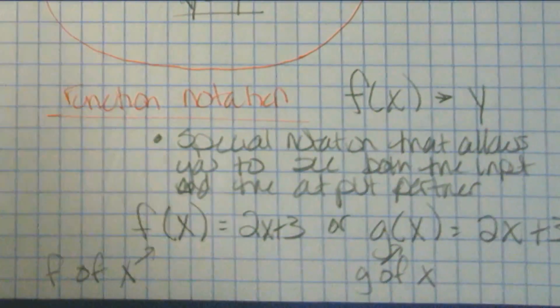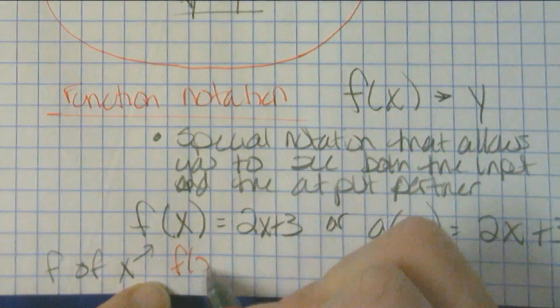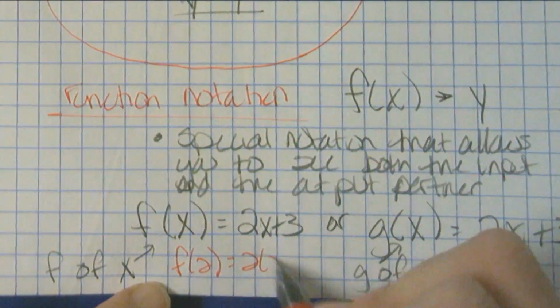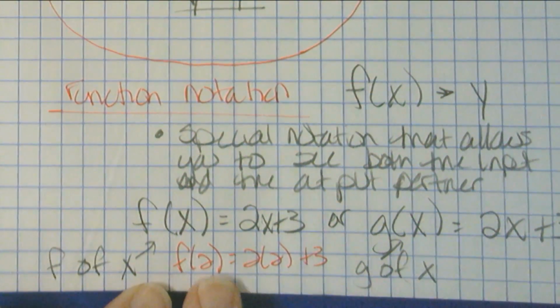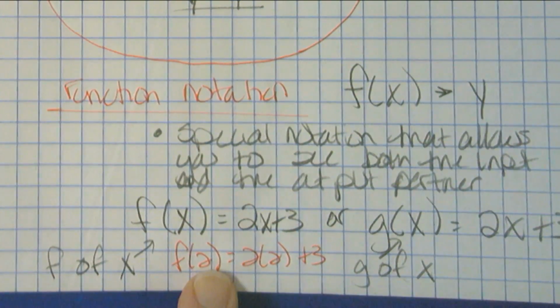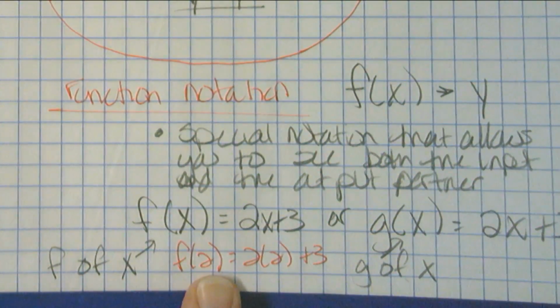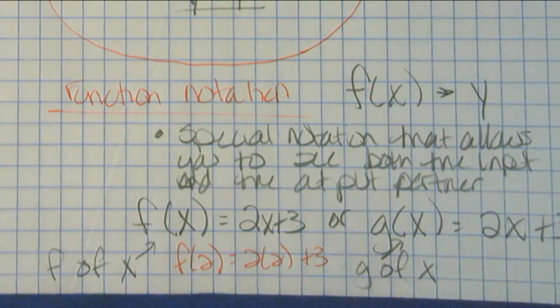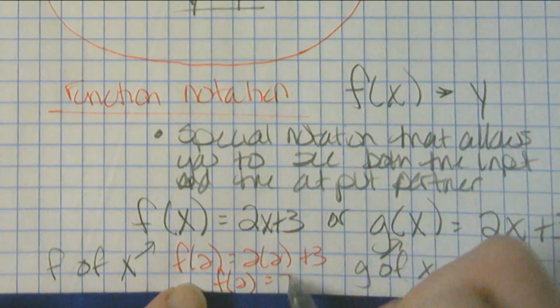So if I was evaluating when x equals 2, I would have f of 2 is equal to 2 times 2 plus 3. So I just substitute into the function notation what my input value is that I'm evaluating the equation for. Sam, you're writing this down. Okay. So when I get done, I have f of 2 equals 7.